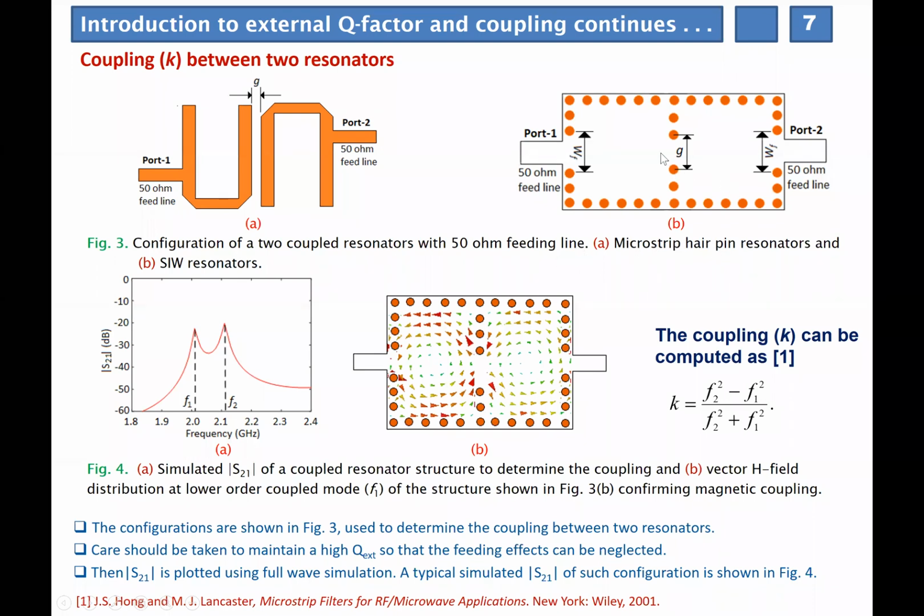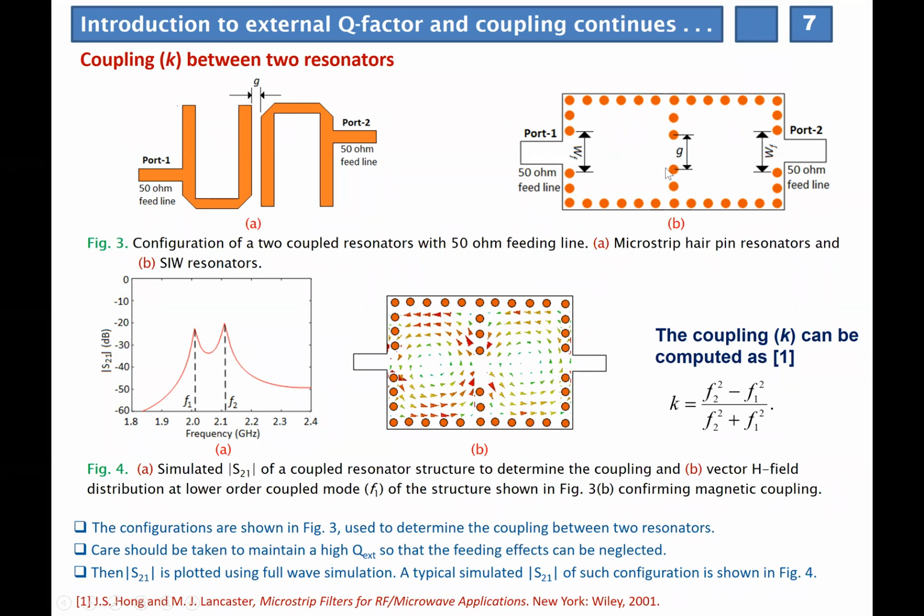Similarly, for the SIW resonator, if you increase G, more energy will be coupled. If you decrease G, energy coupling will be less. So coupling will increase if we decrease G for the microstrip line, and coupling will increase if we increase G for the SIW structure.